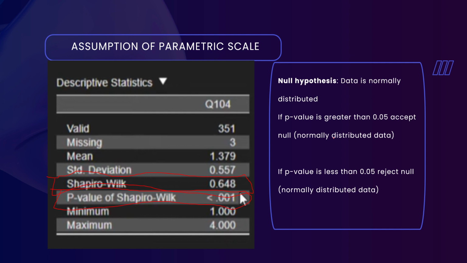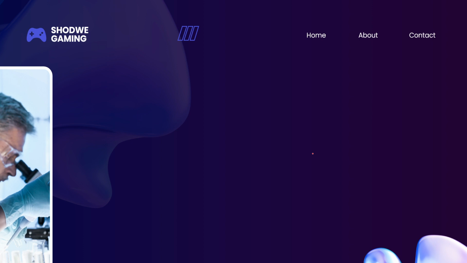Because the higher our p-value, that means the more normally distributed the data is. Again, if the p-value of the Shapiro-Wilk is high, that means the data is more normally distributed. So if it's greater than 0.05, we have to accept the null hypothesis because they say the same thing: the data is normally distributed.